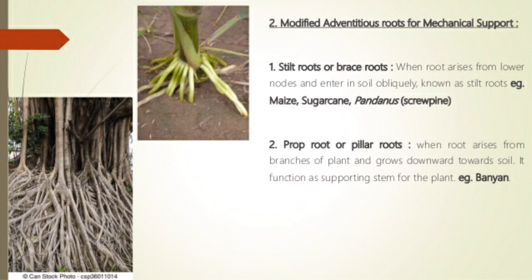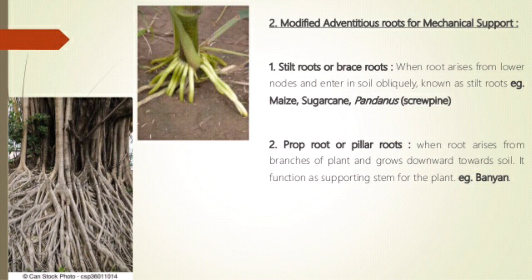Modified adventitious roots for mechanical support. Stilt roots or brace roots. When roots arise from lower nodes and enter the soil obliquely, they are known as stilt roots, as in the case of maize, sugar cane, pandanus, screw pine. Prop roots or pillar roots.